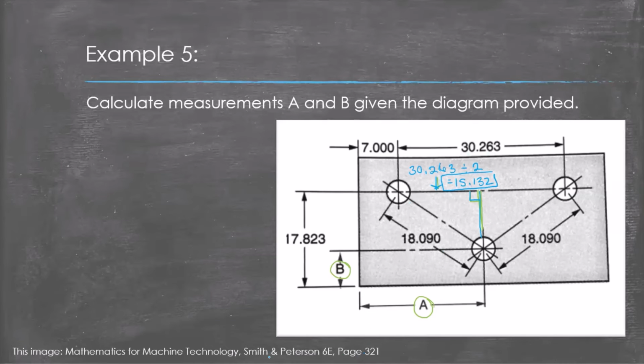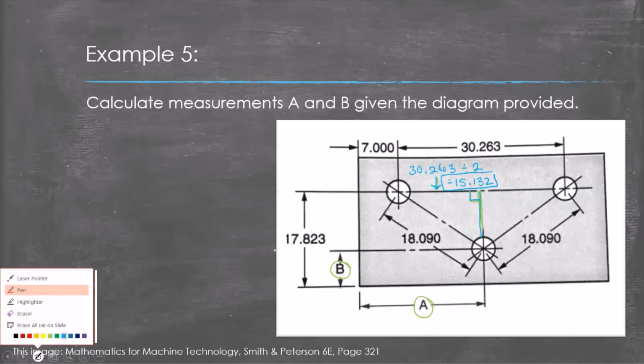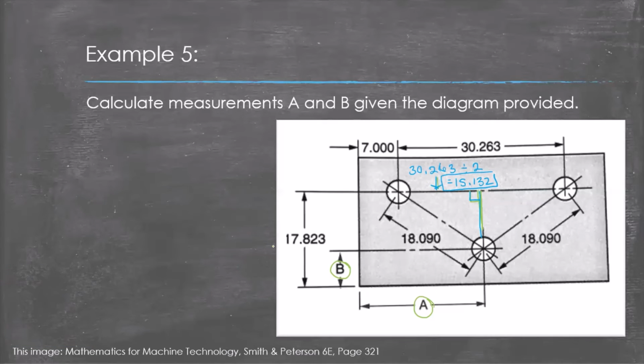Now that's going to let us do some calculation. When I'm calculating this one, think about which one's the easiest one to solve. So I look, okay, what do I need in order to figure out A? Well, A is the distance from the middle to our center of the hole and then to the edge. So we have everything we need to calculate A. To find A, it's 7.000 plus 15.132.